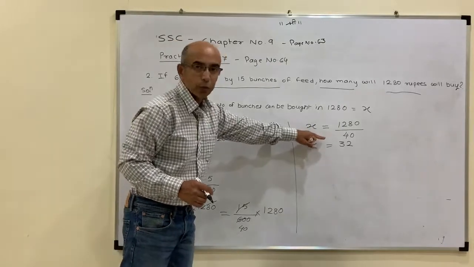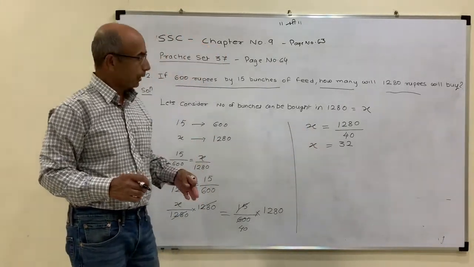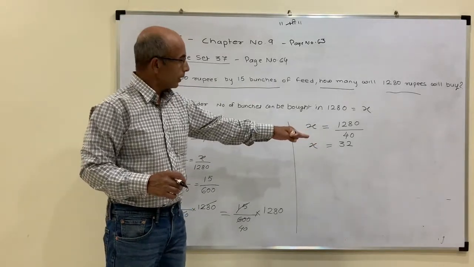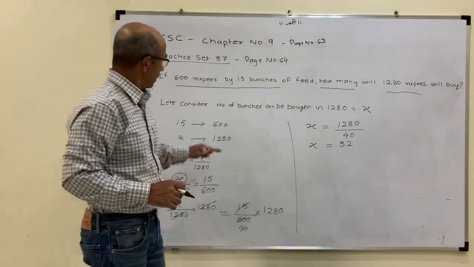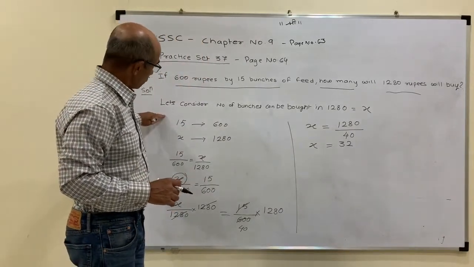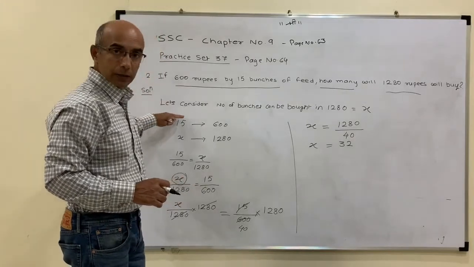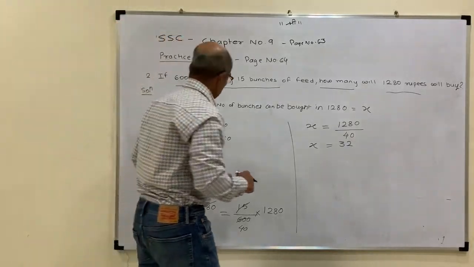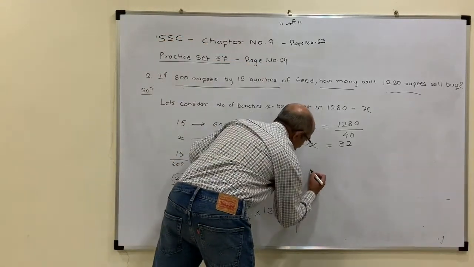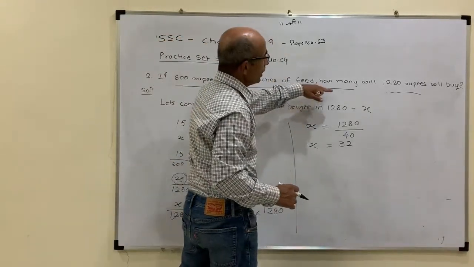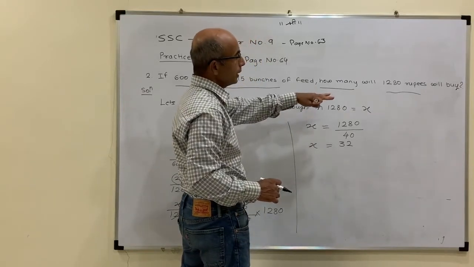You might not be able to do the calculation as I am doing; you might have to do a little rough work. So my value of x comes out to be 32. Now, since this is a word problem, we need to write the answer in word format as well. The question is how many will 1280 rupees buy?